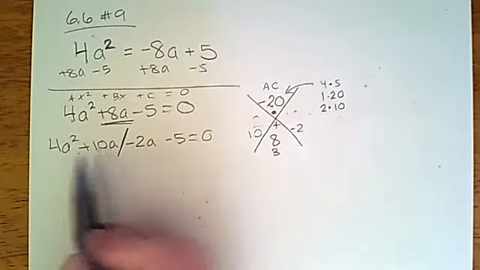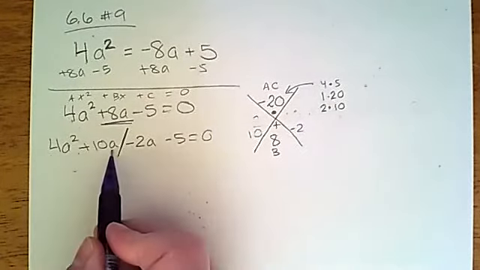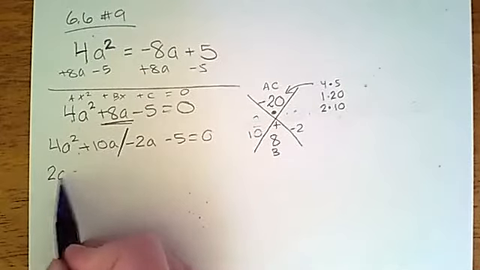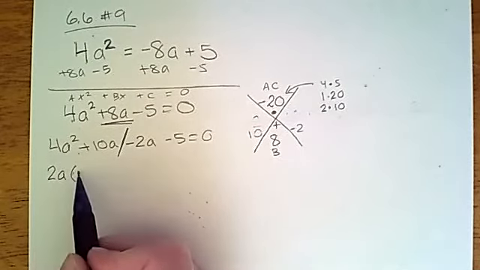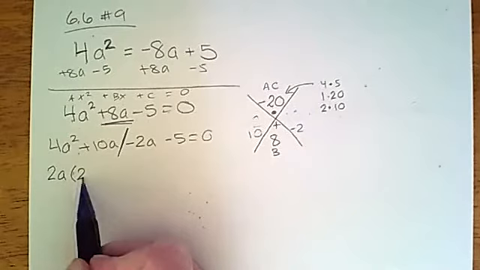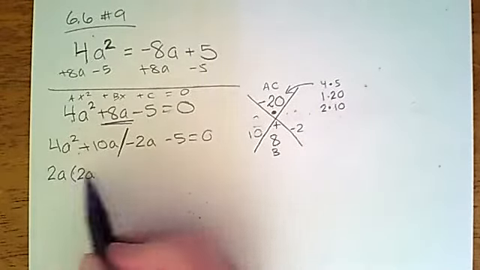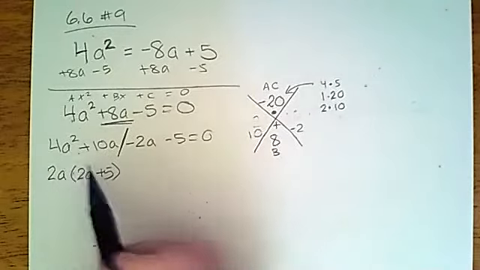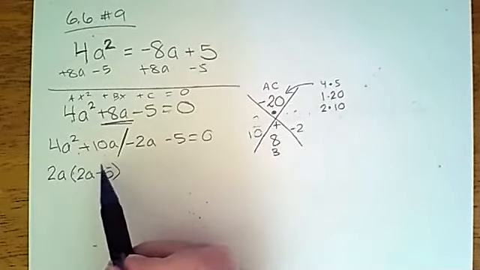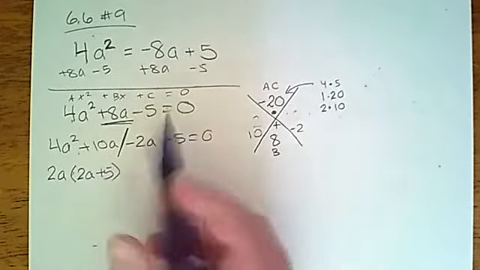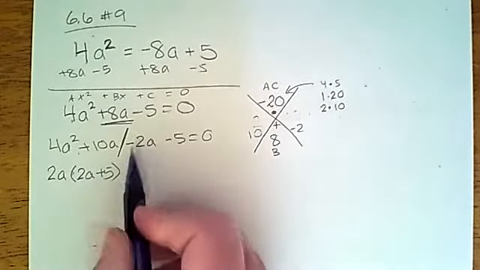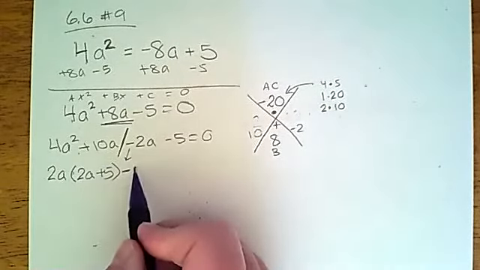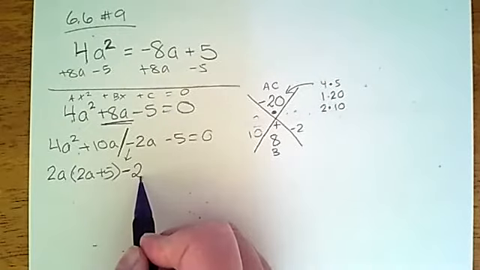So the GCF for this left half would be 2a. 2a times 2a gets me the 4a squared, and 2a times 5 gets me the 10a. So again, just making sure that when I apply the distributive property, I still have the same expression. And for this next one, we always take out the sign. So I'm going to take out a 2.